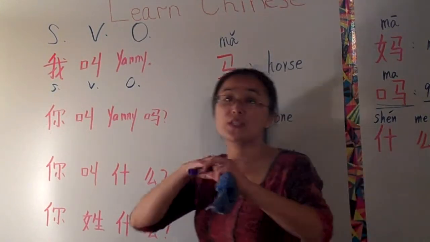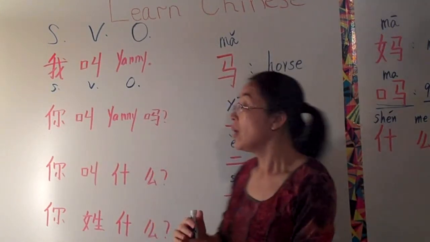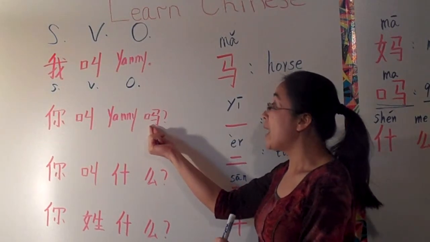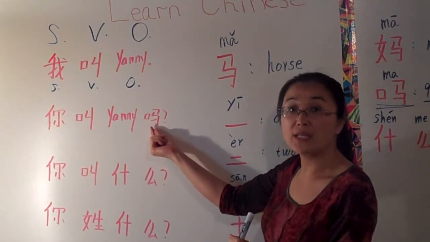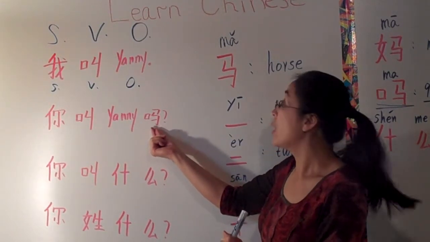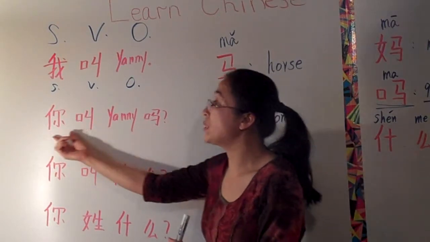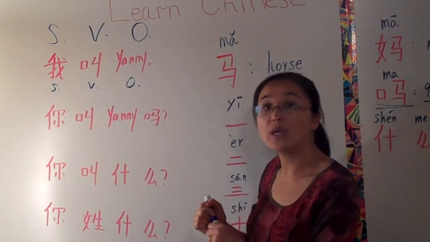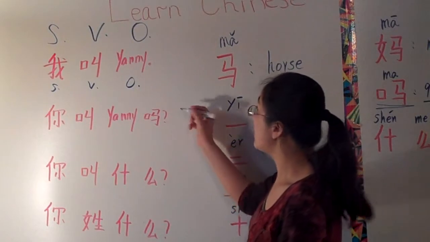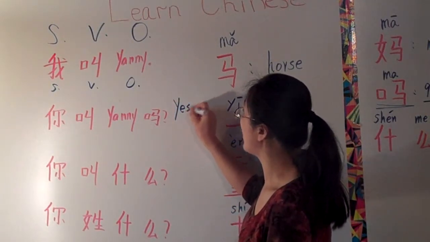Okay, let's repeat this again. If you put ma at the end of a statement, you will turn the whole sentence into a yes-no question.